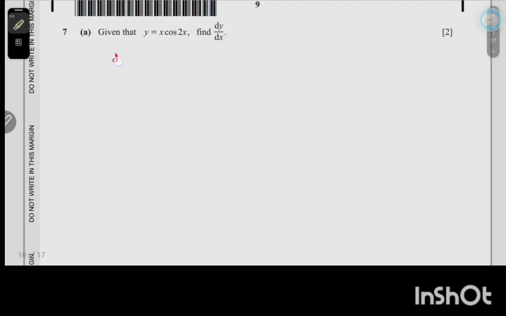We take the derivative on both sides, d over dx of x cos of 2x. Here we have to apply the derivative of u times v. The formula is u times derivative of v plus v times derivative of u. So the first thing is u, the second one is v. I have to write it in another color. This is u, this is v.